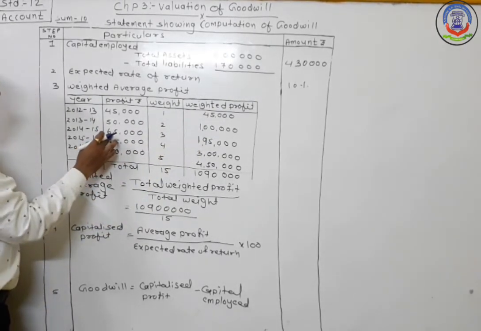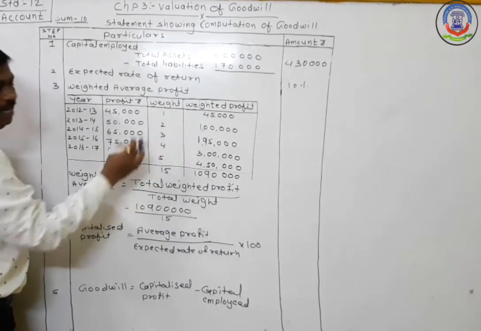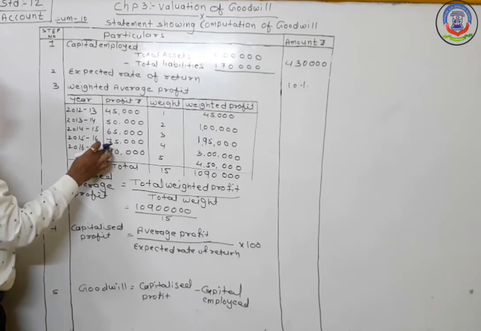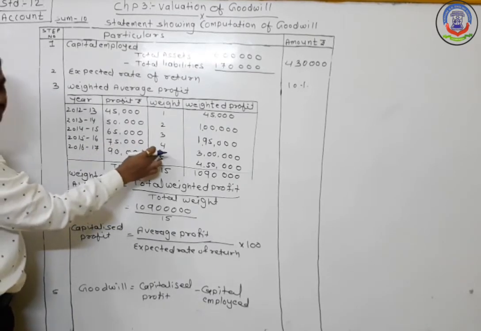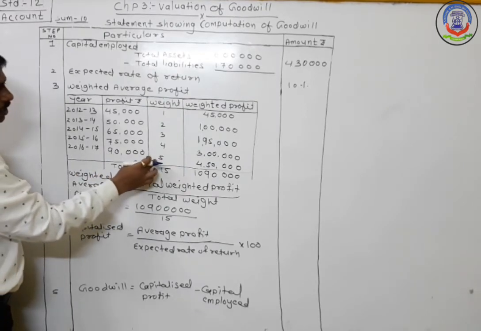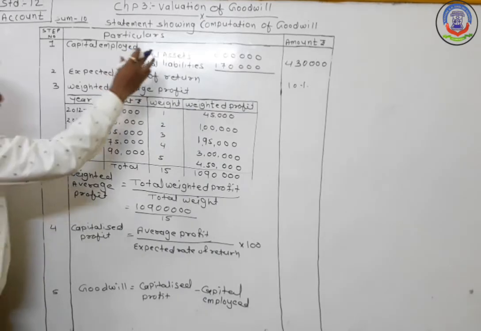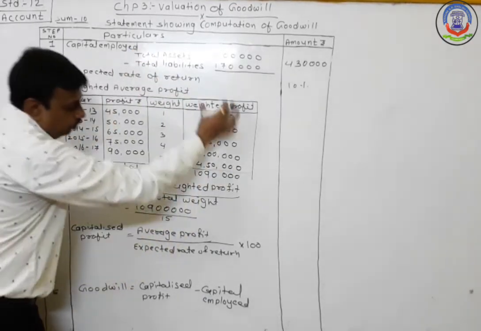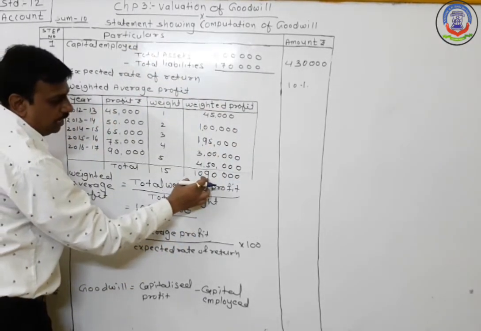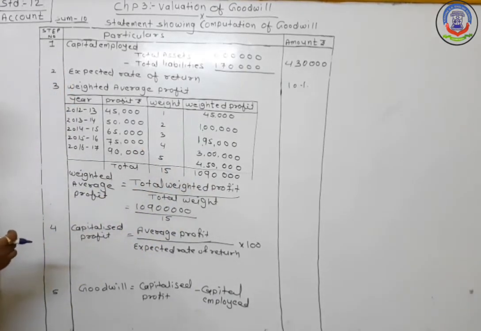For the third year, 65,000 multiplied by 3, weighted profit is 1,95,000. For the fourth year, 75,000 multiplied by 4 is 3 lakh. For the fifth year, 90,000 multiplied by 5 is 4,50,000. Now total of weighted profit is rupees 10,90,000.